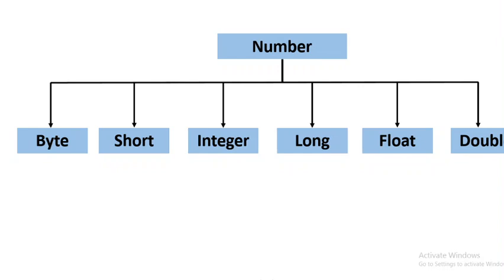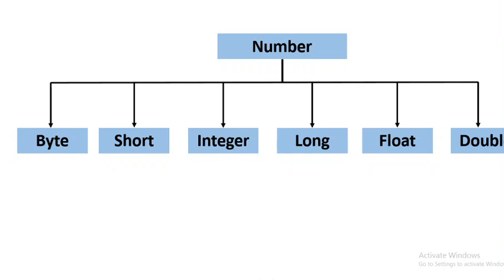So if we convert these primitive data types into objects, their reference can be passed, depending upon the type of the argument used in the function. This is done by using wrapper classes.